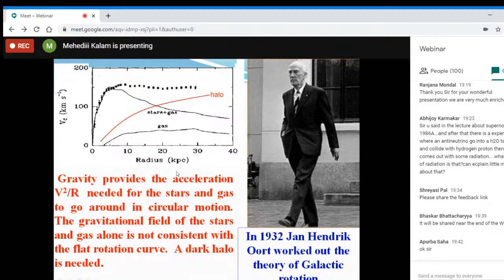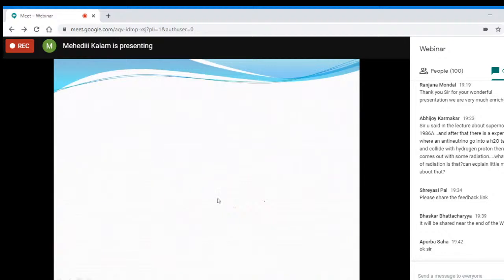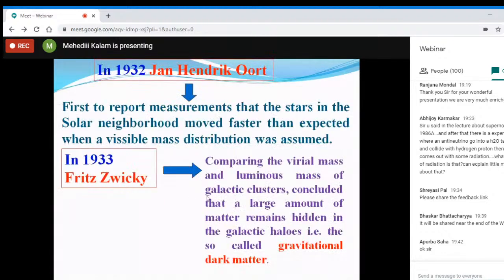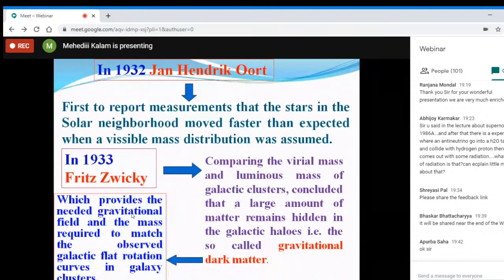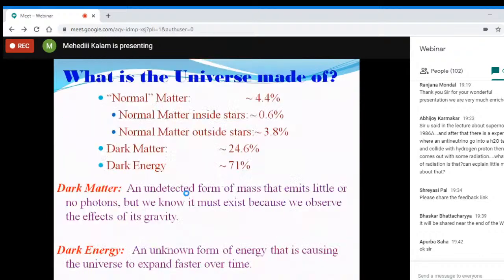To explain the flat rotation curve, Zwicky first said that there must be some hidden matter in the halo, which is called dark matter. And that dark matter provides the needed gravitational field and the mass required to match the observed flat galactic rotation curve in the galaxies.